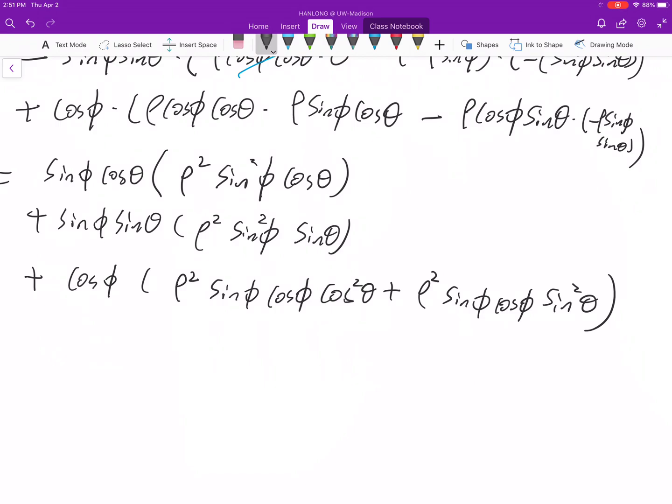Now notice this, we can get sine phi cosine phi.